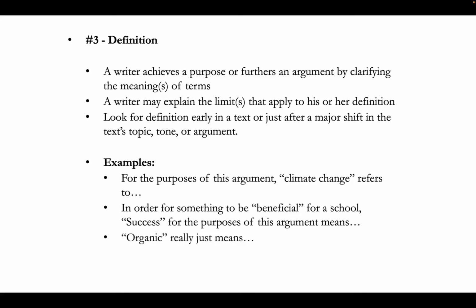Organic really just means, and then you state what organic means before you go on to make your argument about what food people should or should not buy. And last example, drought can be defined as, and you can give a clear definition of what drought is before you go on to make an argument about water and water rights.